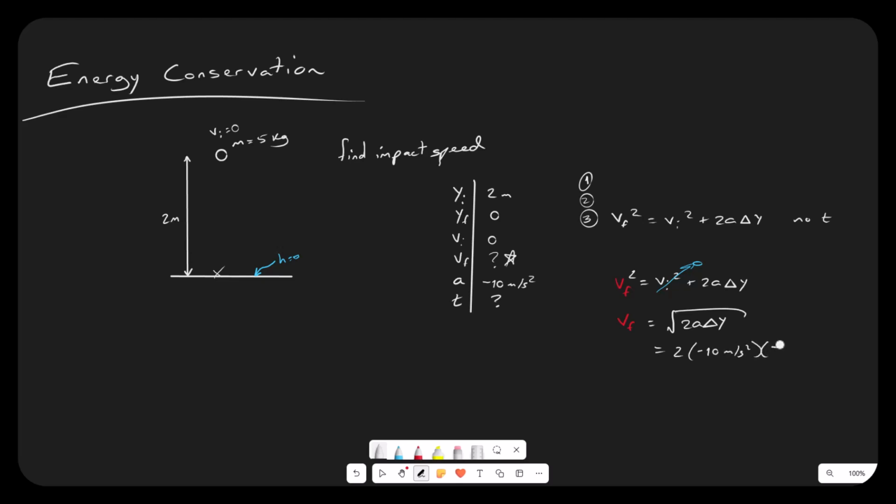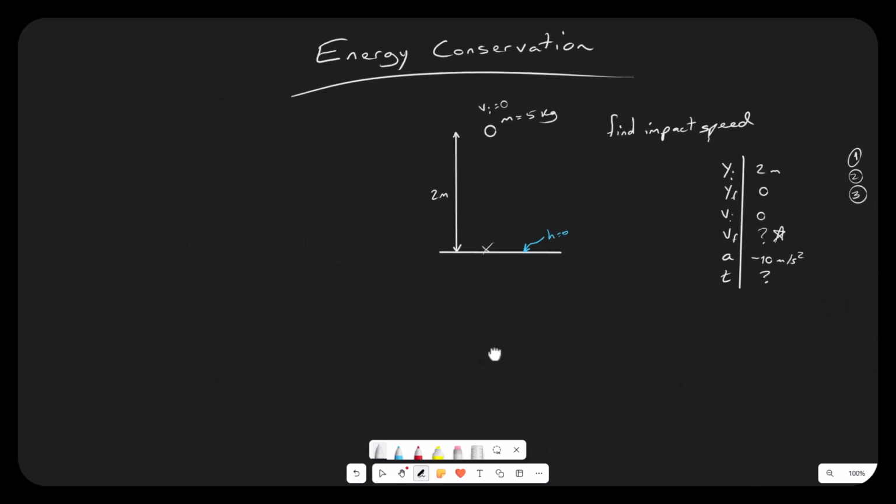I'm going down by 2 meters. And I end up with the square root of 40, which is something like 6.3 meters per second. I do a little bit of thinking and assume that this thing is going to be moving downward, so negative 6.3 meters per second. I know how to solve this problem.